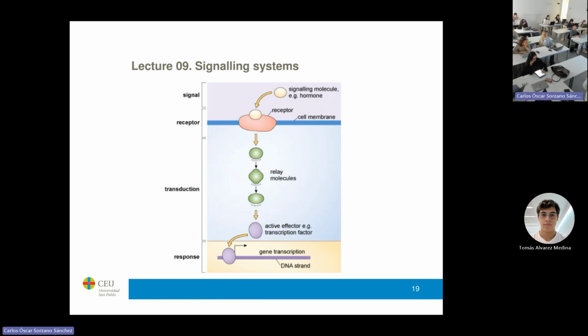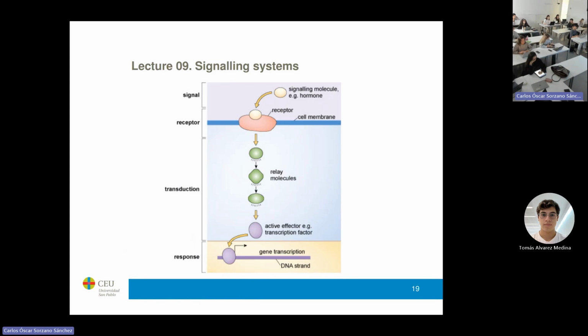Okay, so next, let's go to signaling systems. A signaling system is how the cell knows that there is something outside of it. It goes through signals. For instance, a small molecule, which can be a hormone or a metabolite, binds a receptor in the cell membrane.